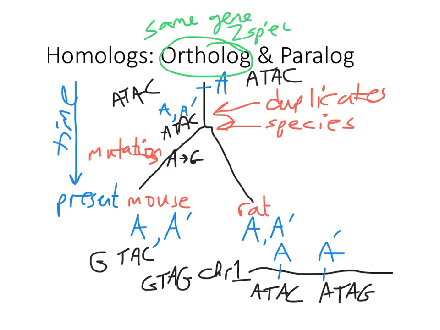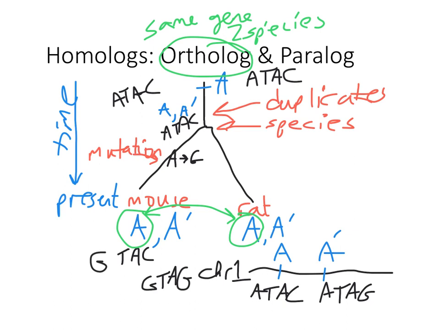What I mean by that is we have 2 species up here, mice and rats, and we have 2 genes, A and A prime. So what are orthologs? The 2 A's are orthologs. It's the same gene in 2 species. There's gene A in mice, there's gene A in rats. That's the definition of an ortholog.